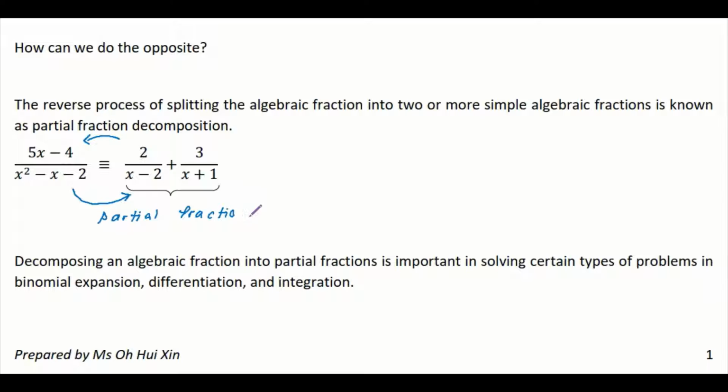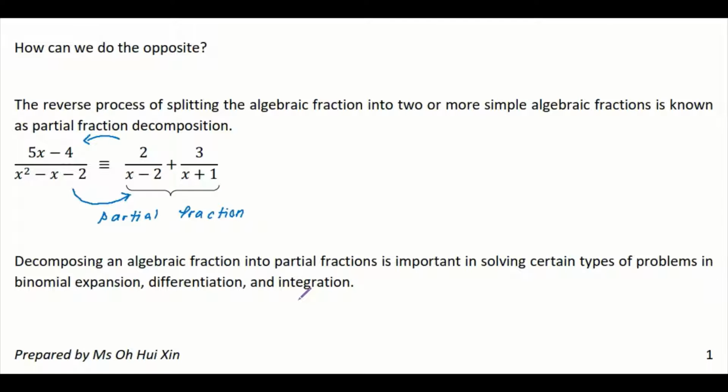The main focus today is learning how to split the fraction into two or more simple fractions. We need to do this because once decomposed into simple fractions, it is very helpful for problems in binomial expansion, and even differentiation and integration, which you will learn in future.